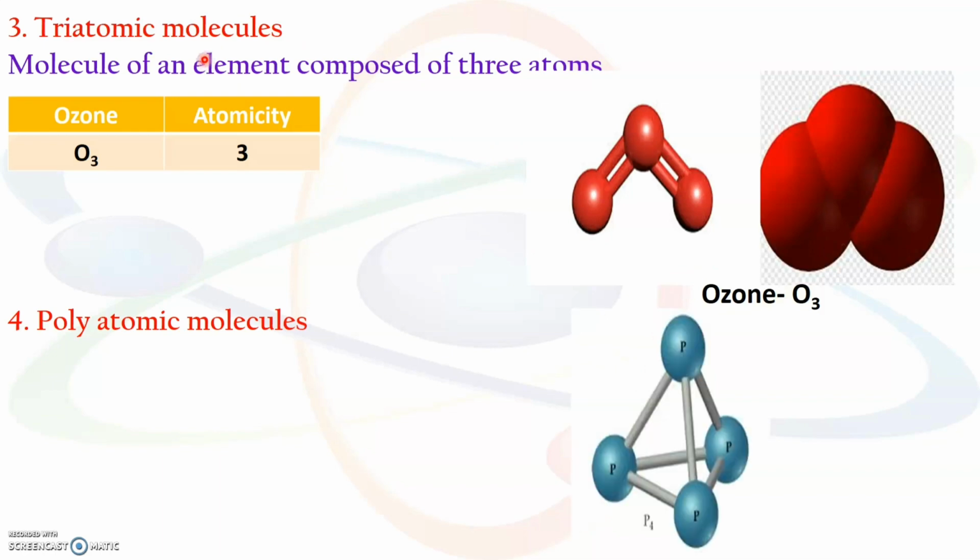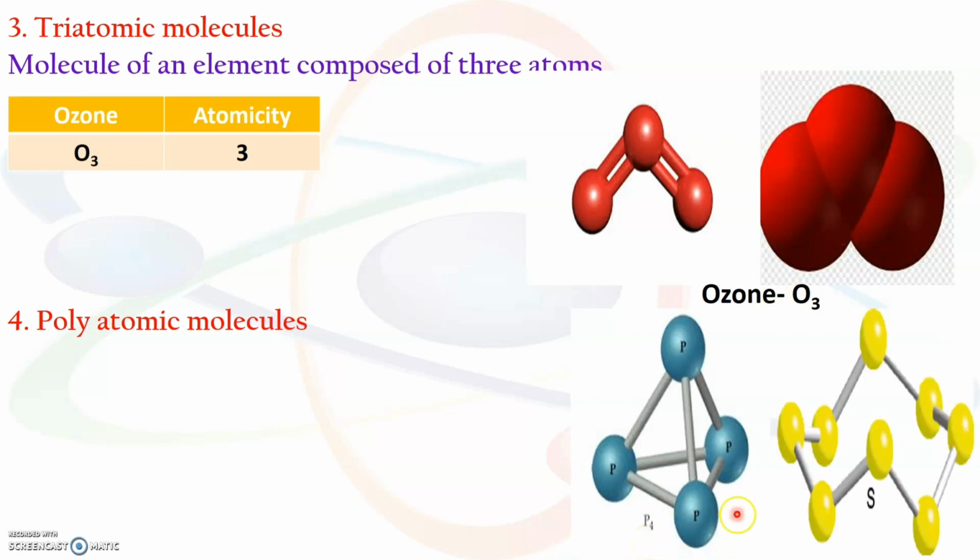In case of a molecule of phosphorus, it is formed by the combination of 4 phosphorus atoms with the molecular formula P4. Also, in case of sulfur, a molecule of sulfur is formed by the combination of 8 atoms of sulfur, like how you see here. And therefore, its molecular formula is S8.